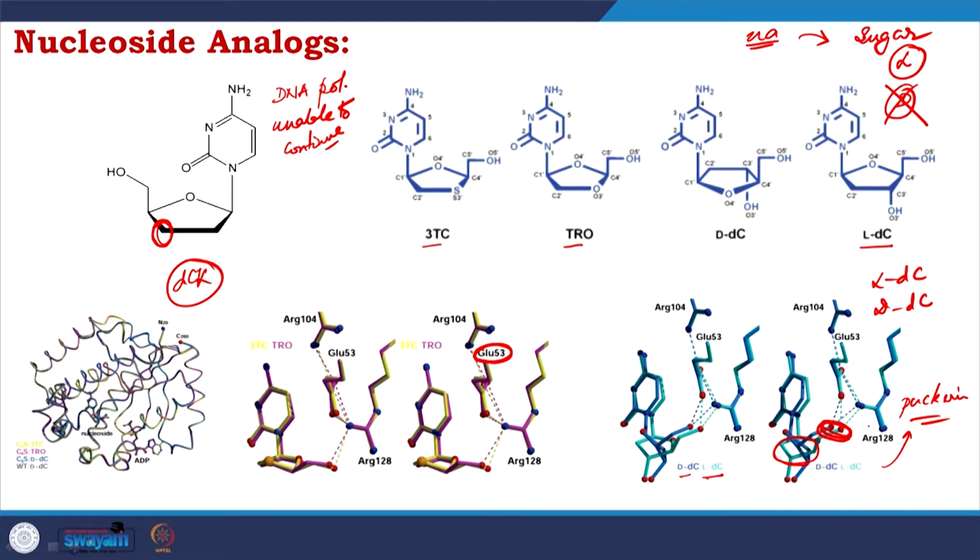So, be it L, be it D, you could say like this is D, and this is L, it somehow presents it like that. So, that is what the mechanism is talking about.